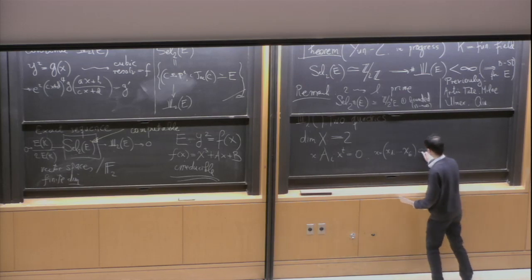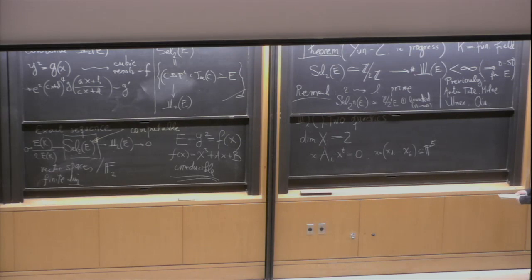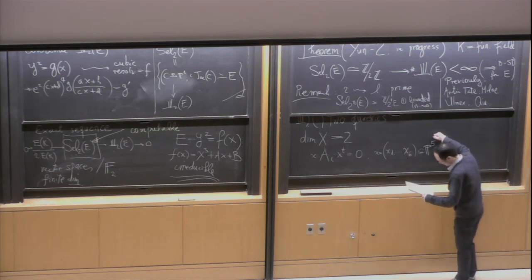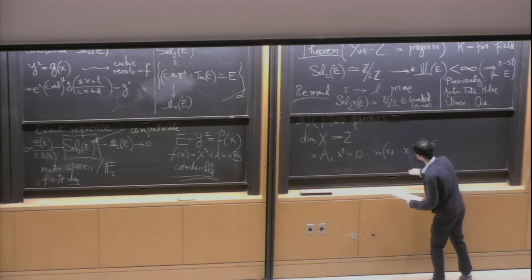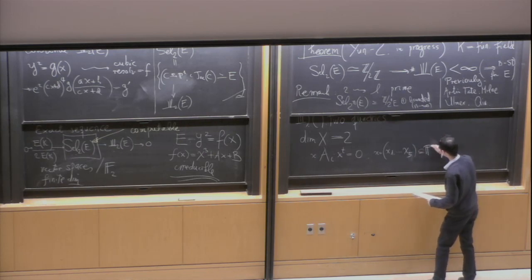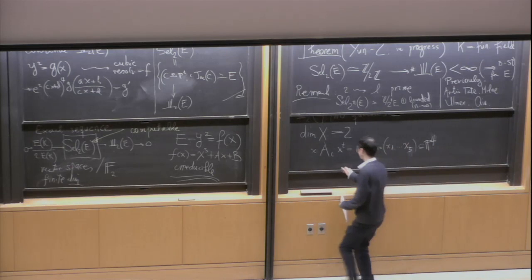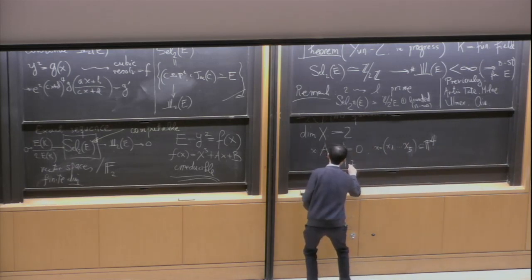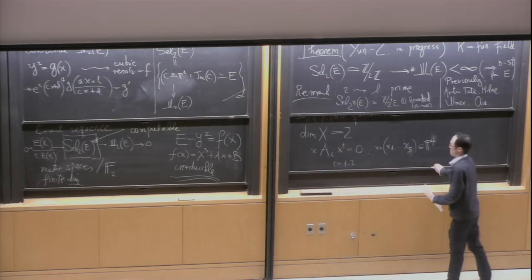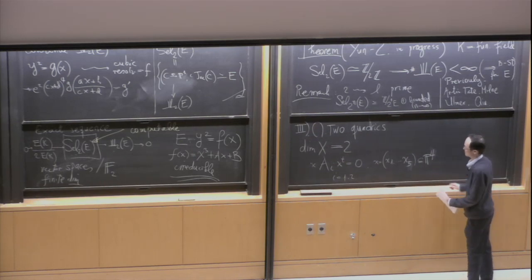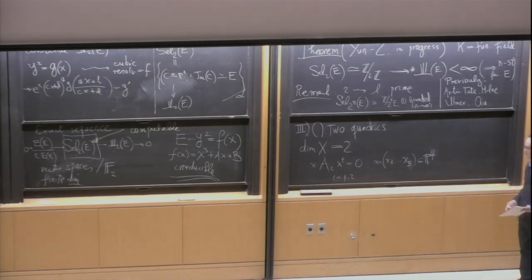So I have a point in P5. Actually I need 5 variables, so P4, with 2 equations. So suppose it's a smooth complete intersection. That's the generic case.